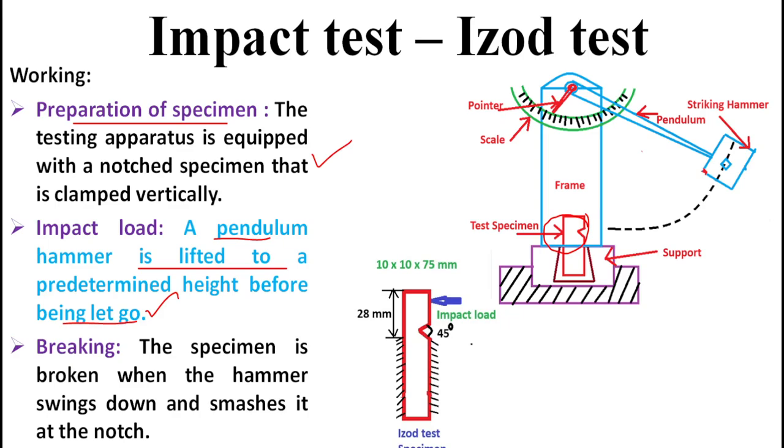Before starting, we fix the predetermined height, then release the pendulum hammer. The specimen is broken when the hammer swings down and smashes it at the notch.